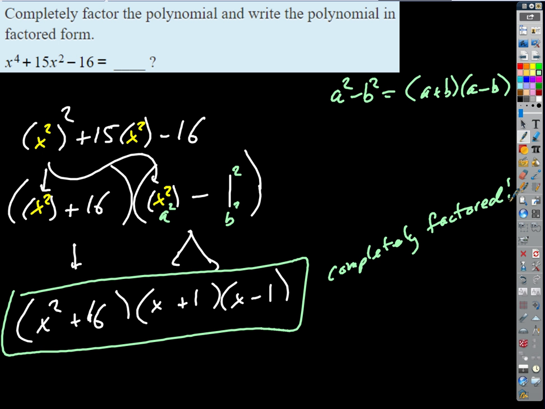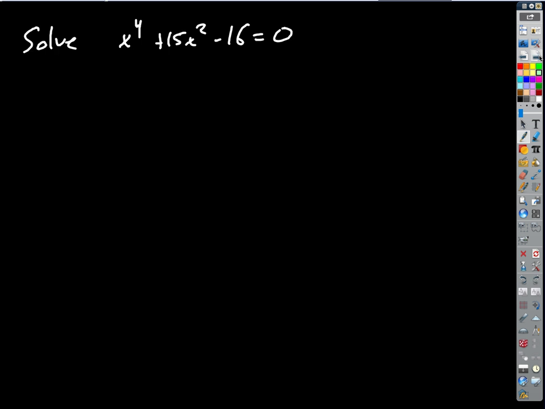Okay? Well, what if we're solving this, it's just an equation, right? If we're just solving this equation, we already did all the hard work. We can think of this as being something squared, 1 times something squared plus 15 times something minus 16 if my something is an x squared. Just like before, we can factor it just like before.